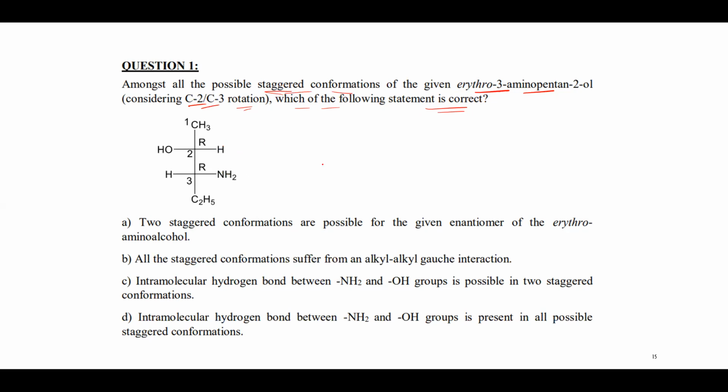So first of all, we need to draw the staggered conformation of this molecule. I will draw the molecule in this format. This is the CH3. This is the OH.